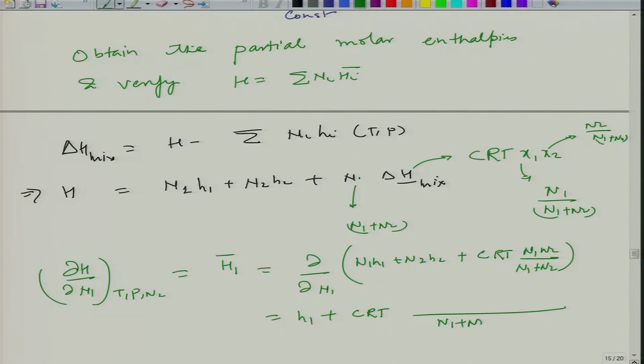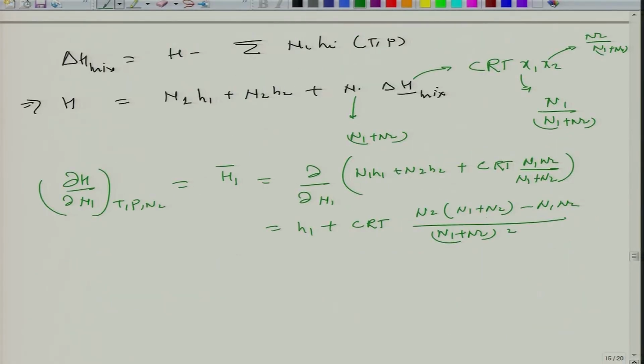Okay. So, if you do this partial derivative, I should be able to get the following expression: H1 plus CRT times N2 (N1 plus N2) minus N1 N2 over (N1 plus N2) square. This further can be simplified as CRT N2 square by (N1 plus N2) square, and this is nothing but x2 square.